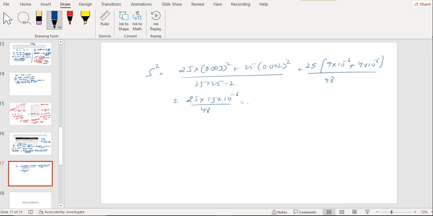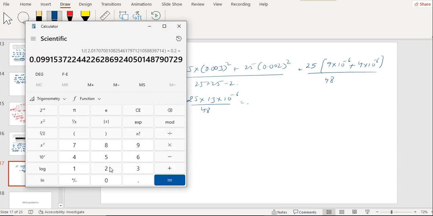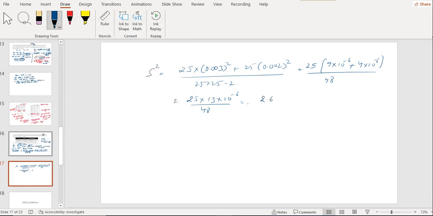If I calculate this value, 25 multiplied by 13 divided by 48, and then we take its square root, its value is 2.602 multiplied by 10 raised to the power minus 3.